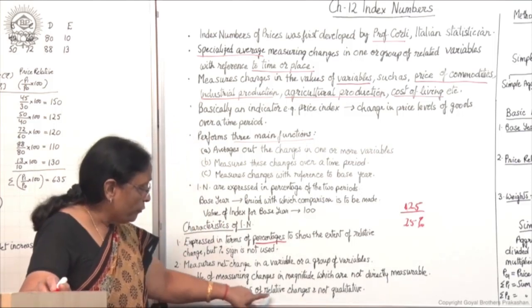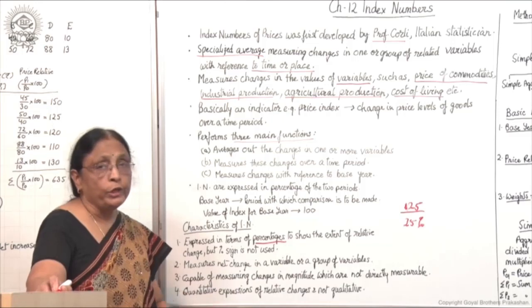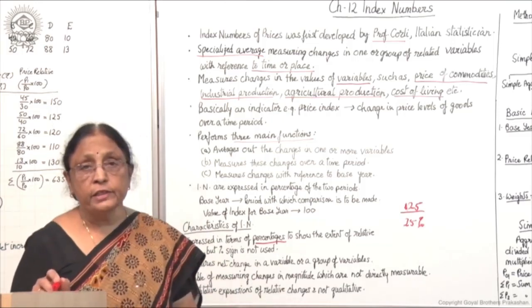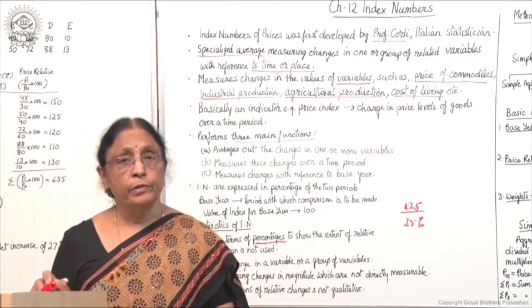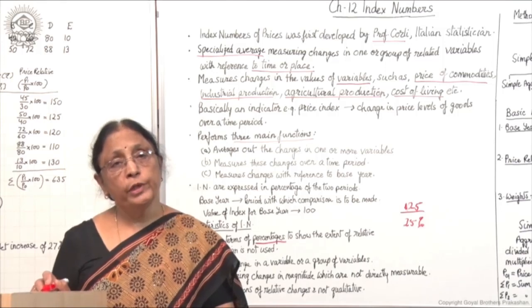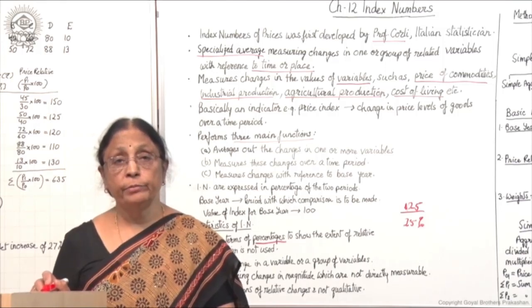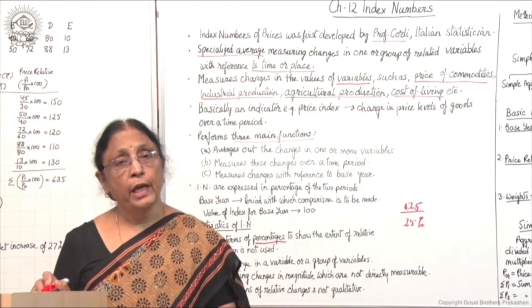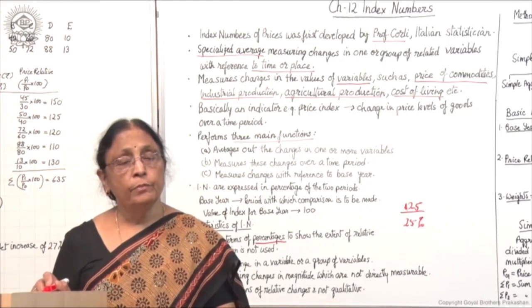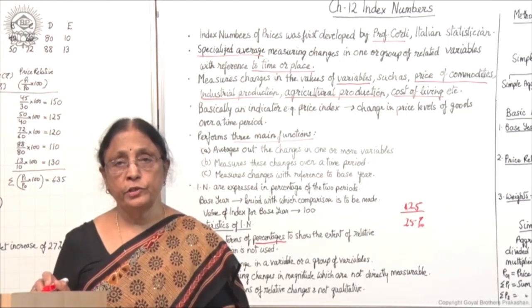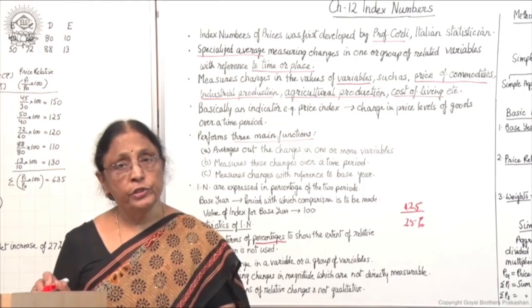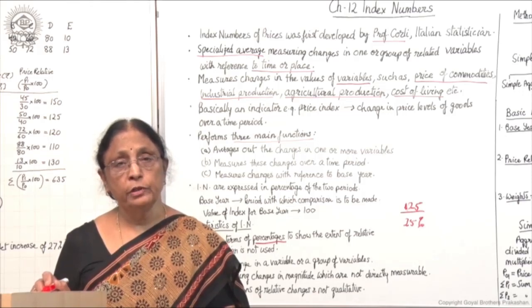Quantitative expressions of relative changes and not qualitative. Now another characteristic is this, that with the help of index number we can measure the quantitative changes in numbers, right, and it does not give us the measurement of qualitative changes, as in the case of rank correlation.